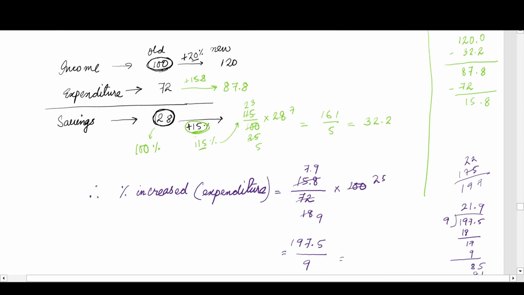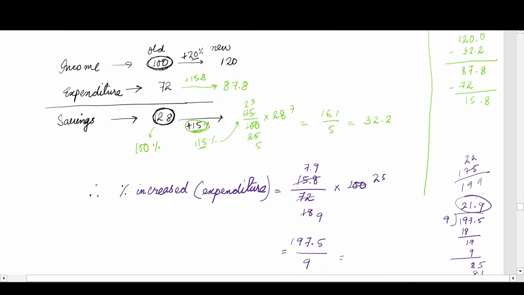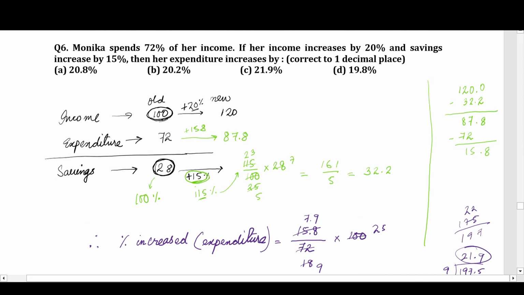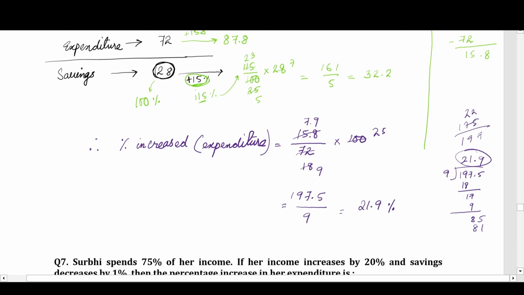Correct to one decimal place, the answer is 21.9%. Option C, 21.9%.